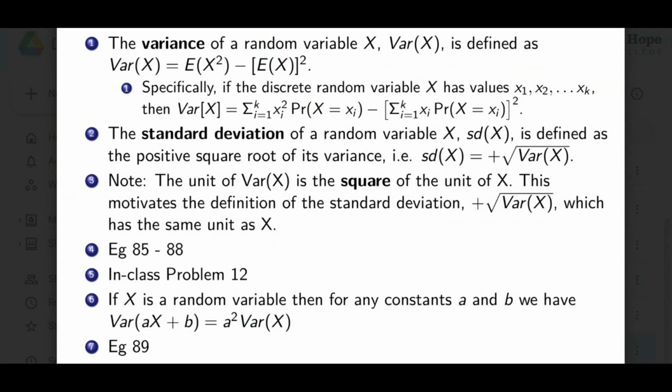The variance is a more useful mathematical object than the standard deviation, although the standard deviation is easier for people to understand because the unit is the same as the measurement. Variance is squared. But a lot of mathematical theorems are around the variance, not the SD. So that's why you need to know both. The SD is just the square root of the variance. That's it. Okay. So let's look at some examples.